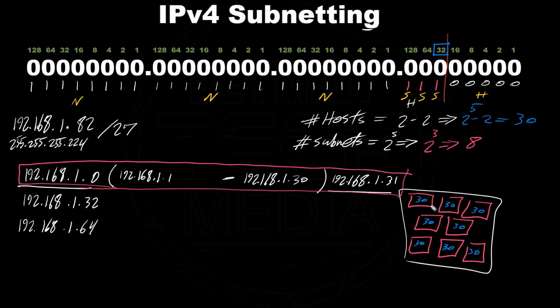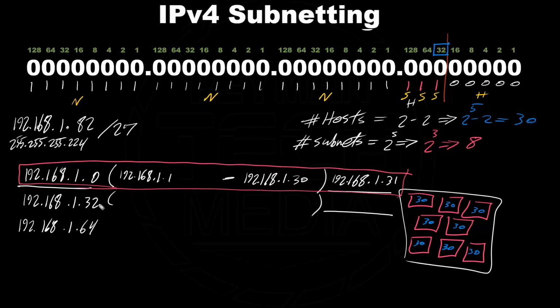In each subnet we can have 30 available IP addresses, and as we can see, 1.1 to 1.30, that's 30 available IP addresses. If we count 1.1, 1.2, 1.3, I'm just kidding, but it should be 30 available IP addresses as we can see here.